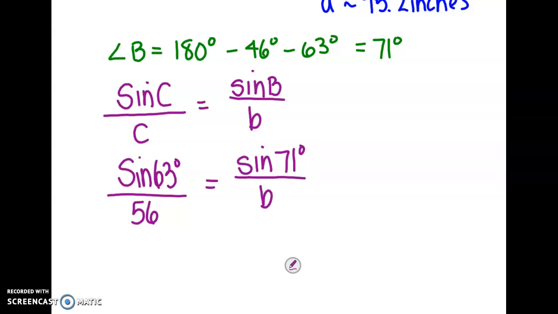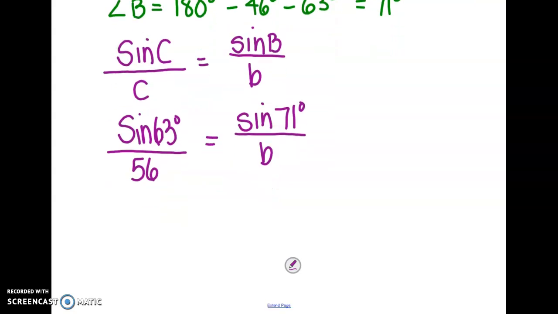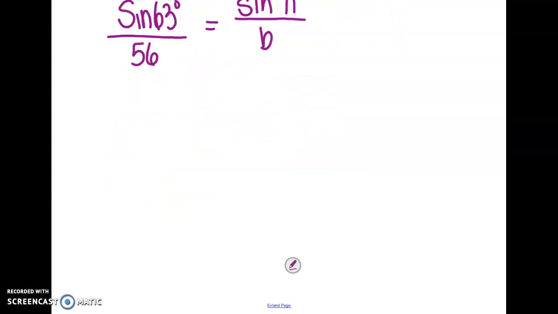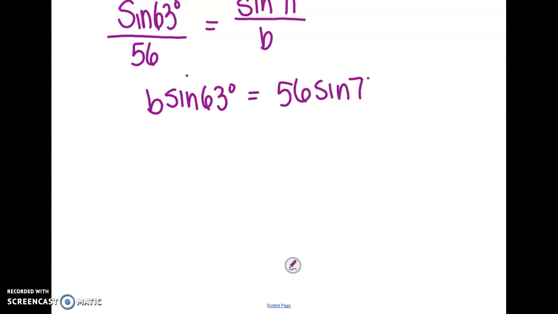So we're ready to cross multiply and undo. To cross multiply, we're going to multiply using that butterfly method. So b times the sine of 63 degrees equals 56 times the sine of 71 degrees. Now we're ready to undo, so we divide both sides by the sine of 63 degrees.